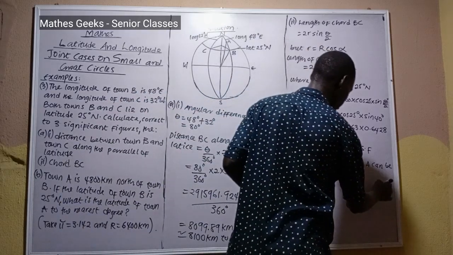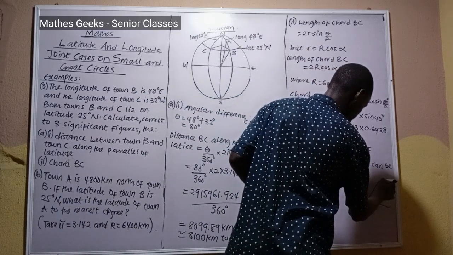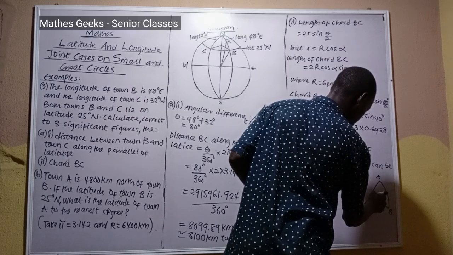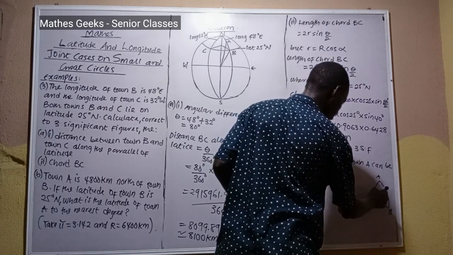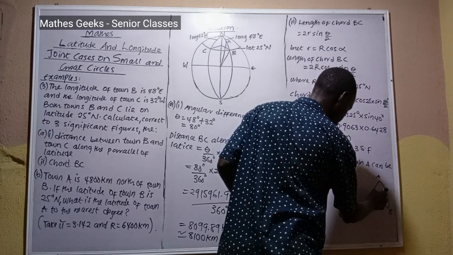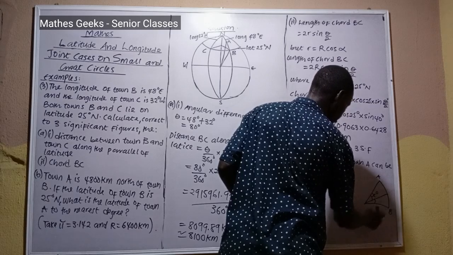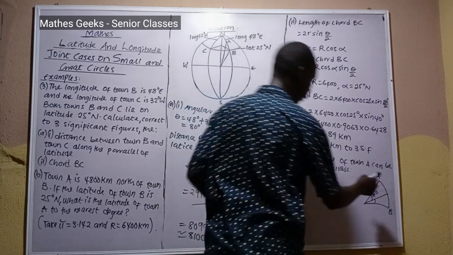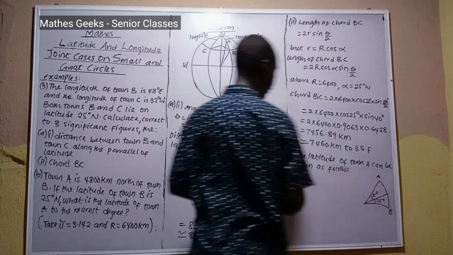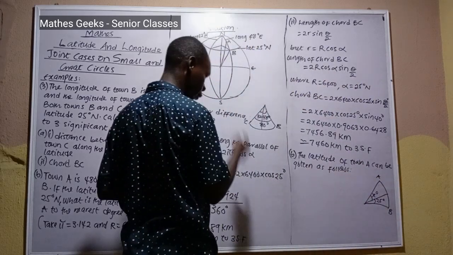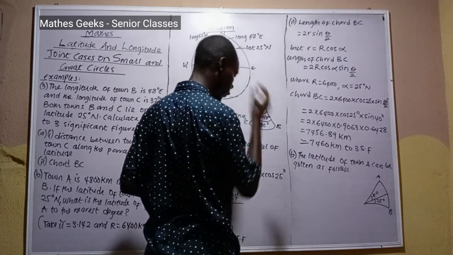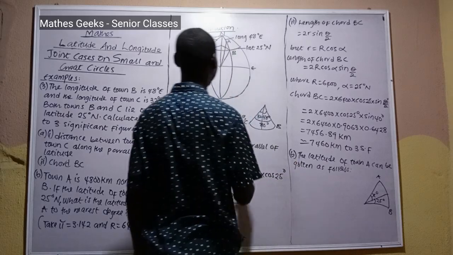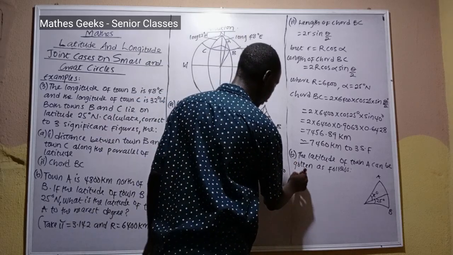So we have B and A. A is unknown, so let's say A is x degrees, and the latitude of B is 25 degrees. So let's solve for the angular theta, since the distance BA is a great circle distance.